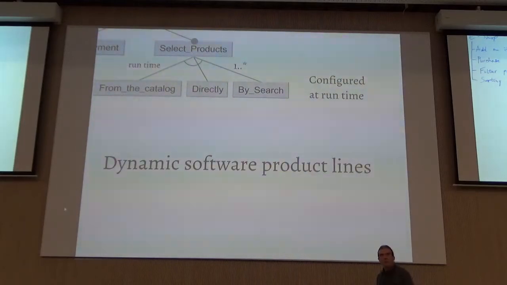Normally your customer won't be able to configure whether there is a catalog or some other search support. But you as a super user, as an administrator, may switch the features of the system on and off. And this can also be done according to some events that will make your system look different according to the context.